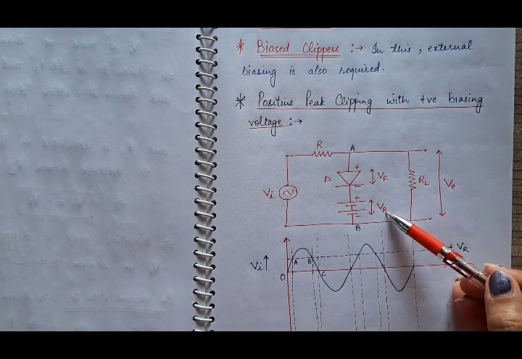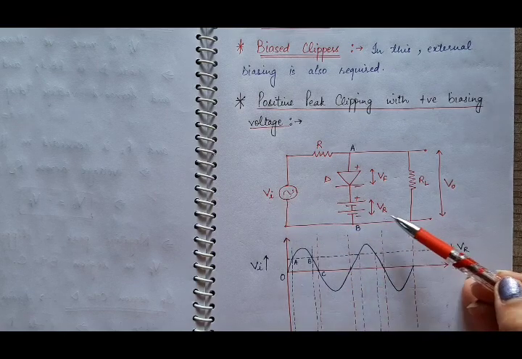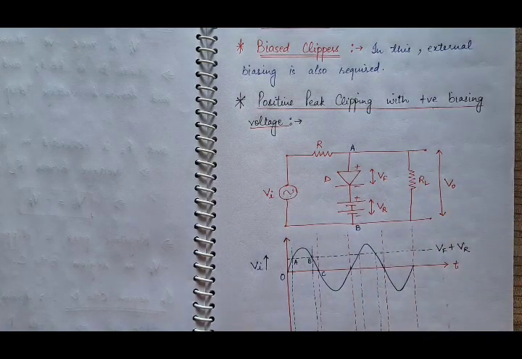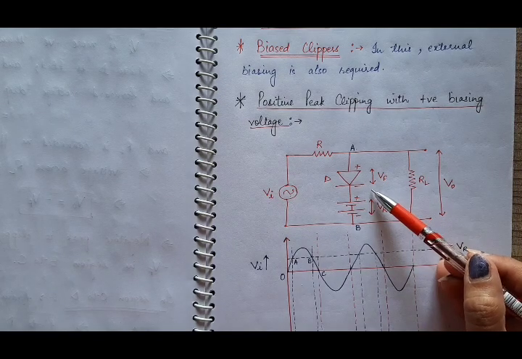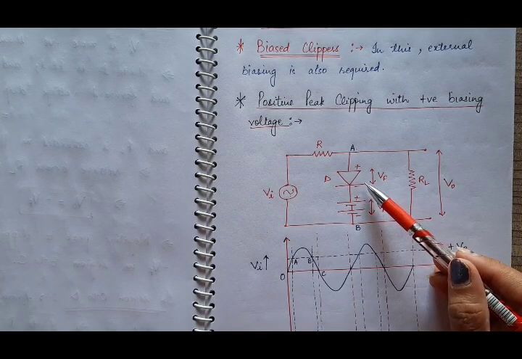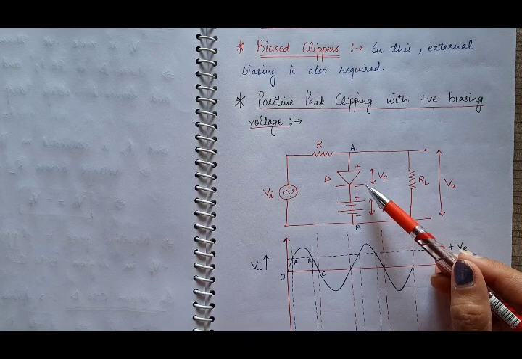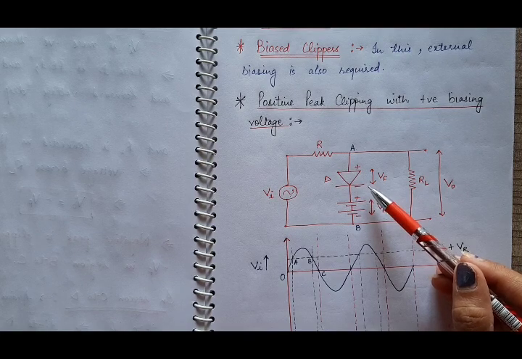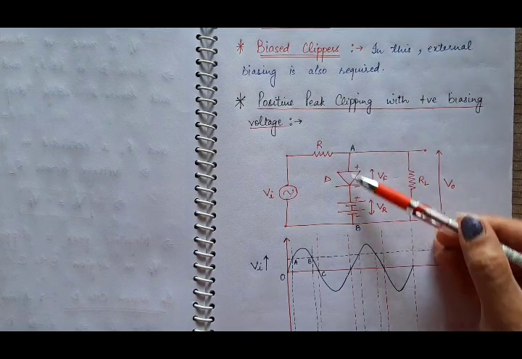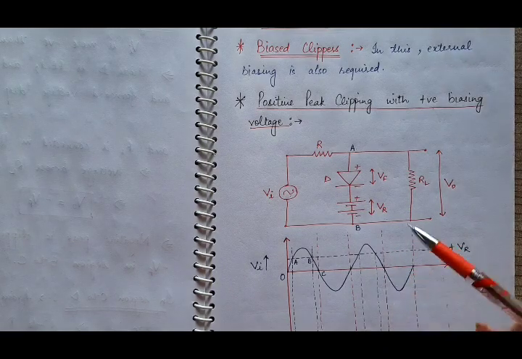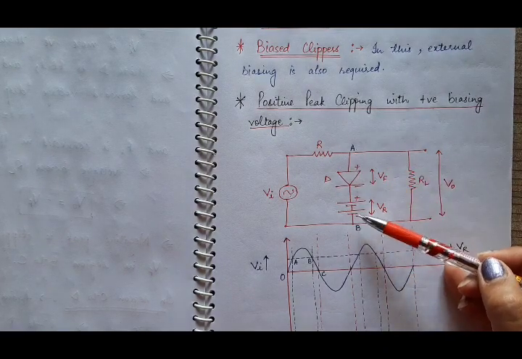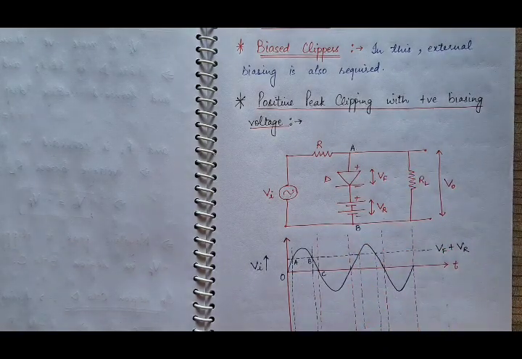So VR will dominate over Vi and reverse bias the diode. If the diode is reverse biased, it will not conduct, and it will not allow any current to flow through terminals AB. So no current will flow through AB in region O to A.